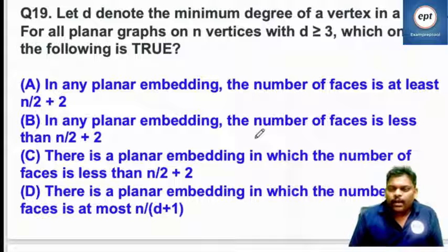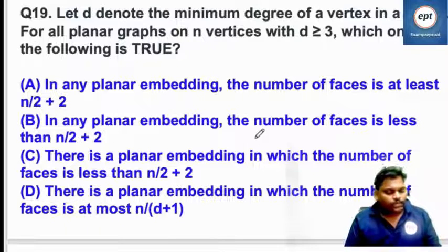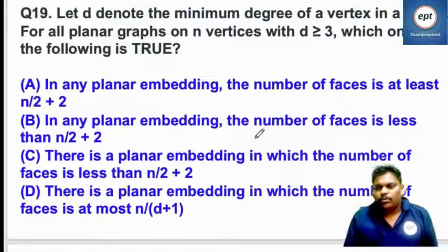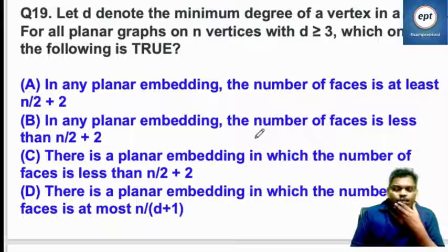Sir, can any valid grammar have only terminals in the left hand side? Maybe. So unrestricted grammar. Rohit, unrestricted grammar. Don't think much. Unrestricted means no restriction. Anything on the left, anything on the right.